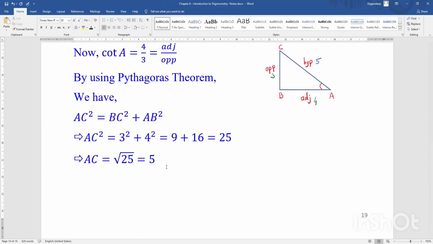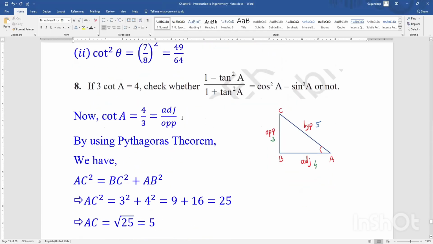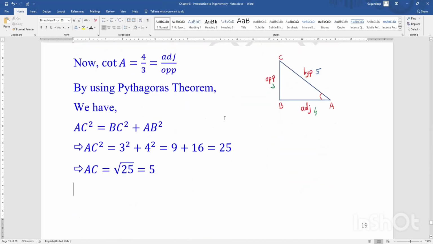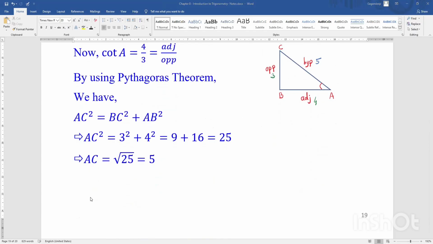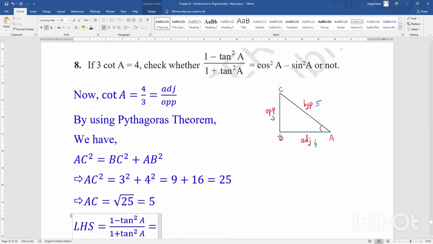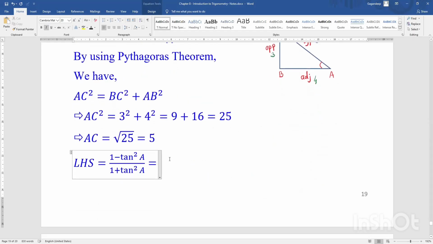Next, I need to evaluate 1 minus tan square A by 1 plus tan square A. For that, I'm going to take the LHS. So LHS is equal to 1 minus tan square A by 1 plus tan square A. Now, what is the tan A definition? We have tan A as 3 by 4.